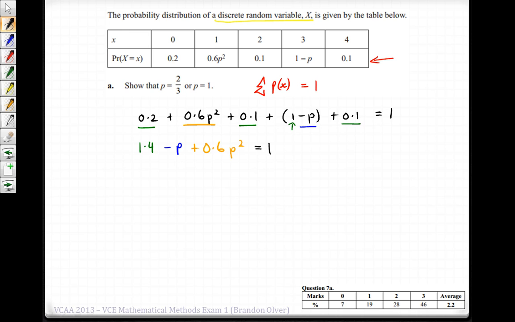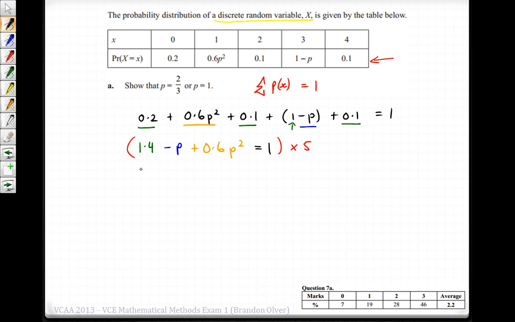So I'm going to probably turn this all into some whole numbers. So I reckon I'll probably times it by 5. So I'm just going to get the whole lot multiplied by 5, and that should hopefully clean up some of the numbers. So 1.4 goes to 7.